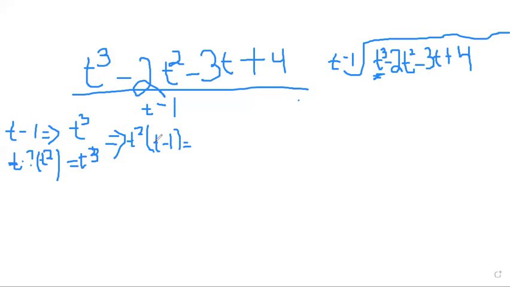So t squared times t, that would give me t cubed. Then of course t squared times minus 1, that would give me minus t squared.